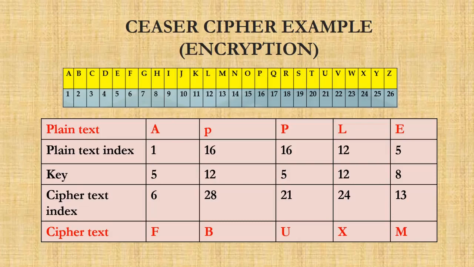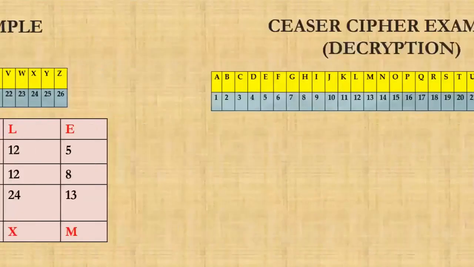Here 28 is greater than the main text index, which is lastly 26, so we will divide 28 by 26, and if the result is a fraction, minus the integer number which is minus 1, and if the result is a fraction, always use the upper bound. This is how we will do the Caesar cipher example in encryption.